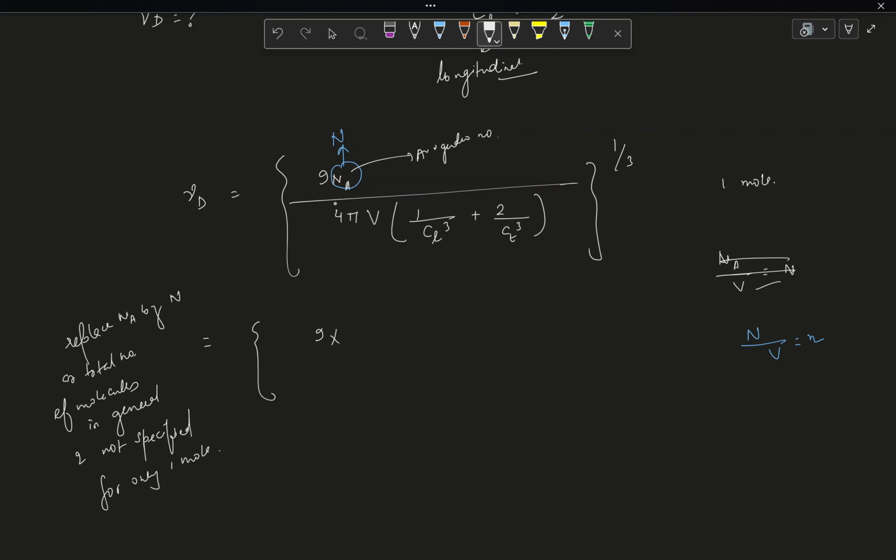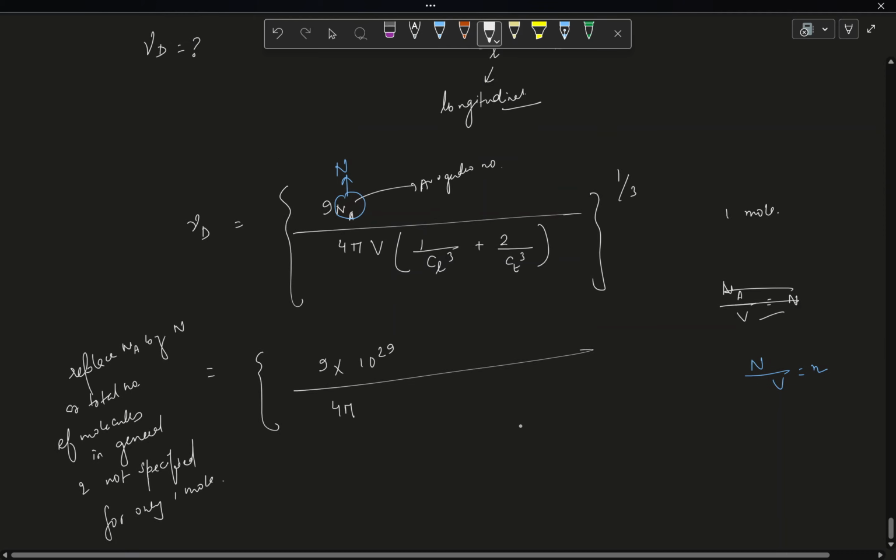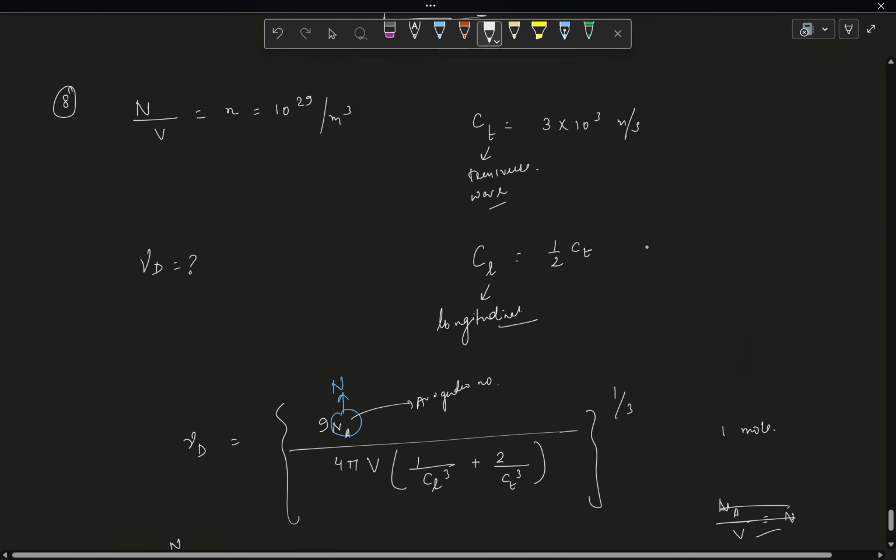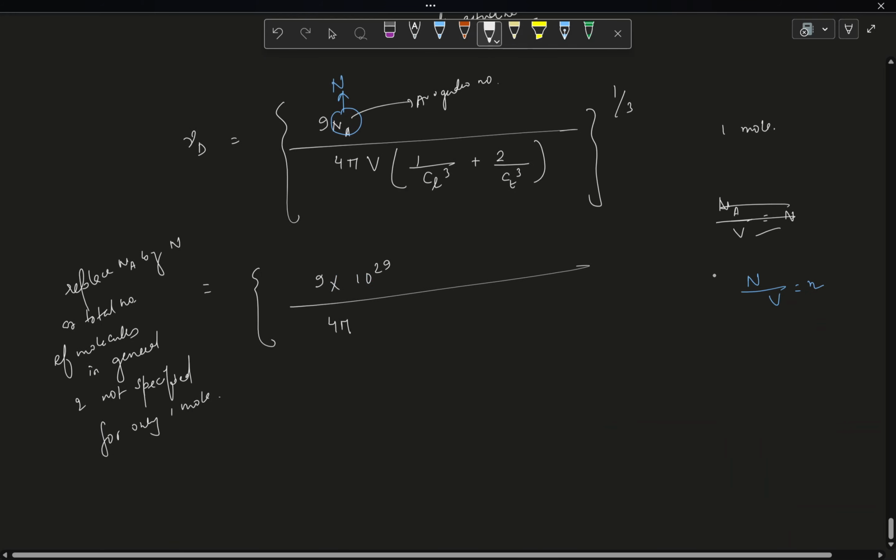So 9 into N by V, which is small n, is 10 to the power of 29, divided by 4 pi. Now this V is up, so there is no role of V here. So this is then 1 by CL cube, right? So first of all, CL was half of CT. So we'll replace that 1 by CL with 2 by CT.